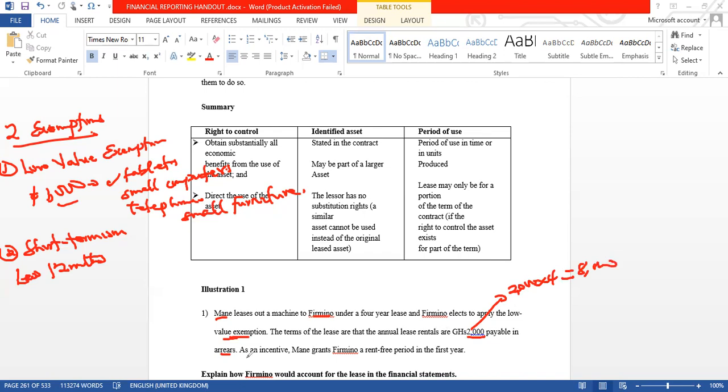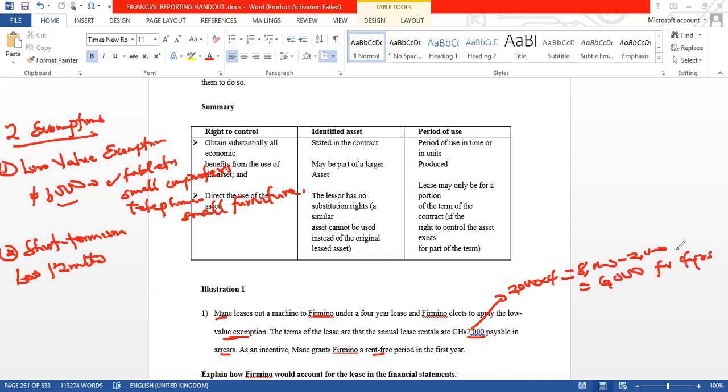But as an incentive, Money gives Firmino a rent-free period for the first year. So he will not be paying one of these payments, and therefore will be paying a sum of 6,000 for a 4-year lease.